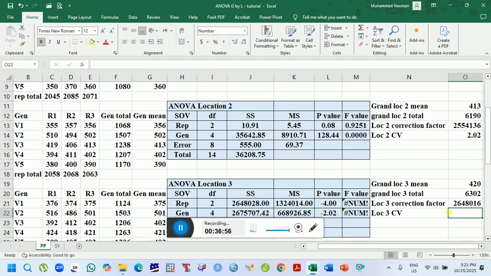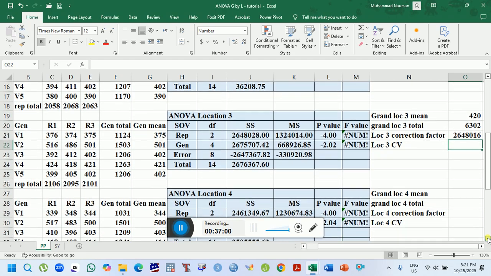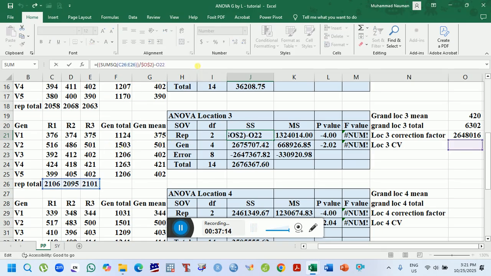We will calculate this value after we correct the ANOVA table. Only this last term will be corrected, and all other terms are selected correctly. Remove O22 or replace it with O21.